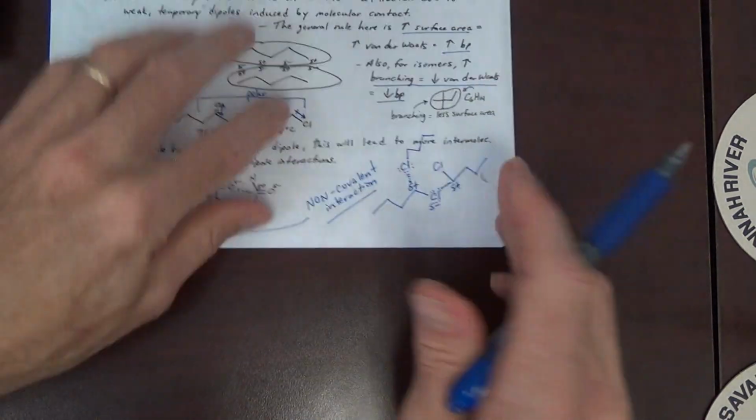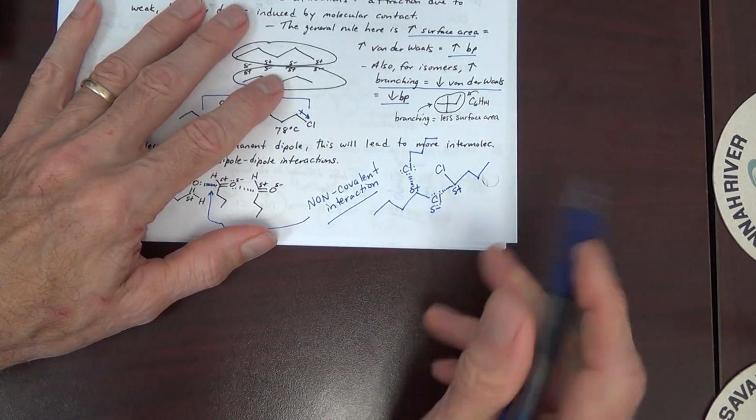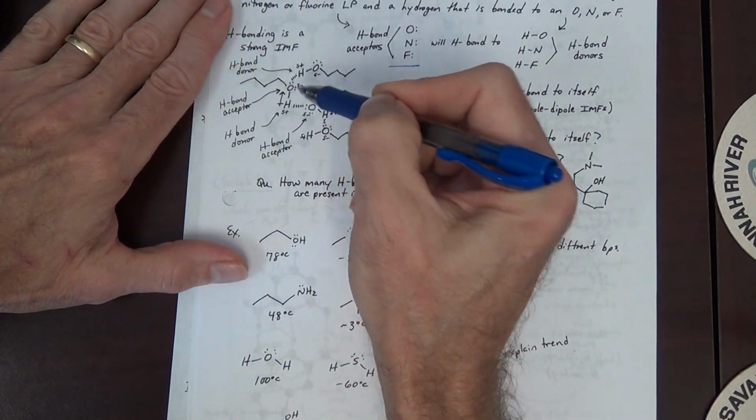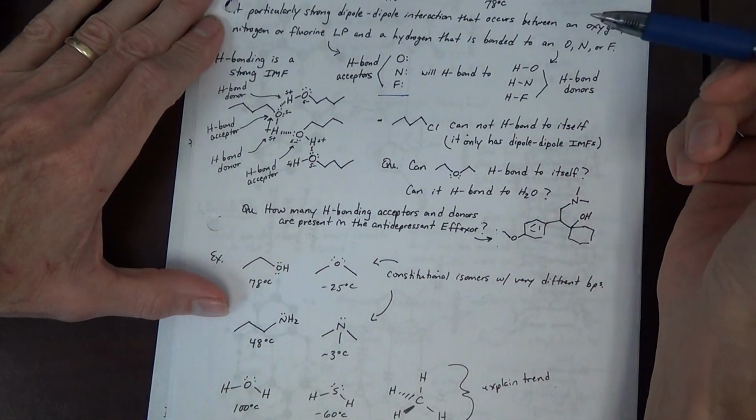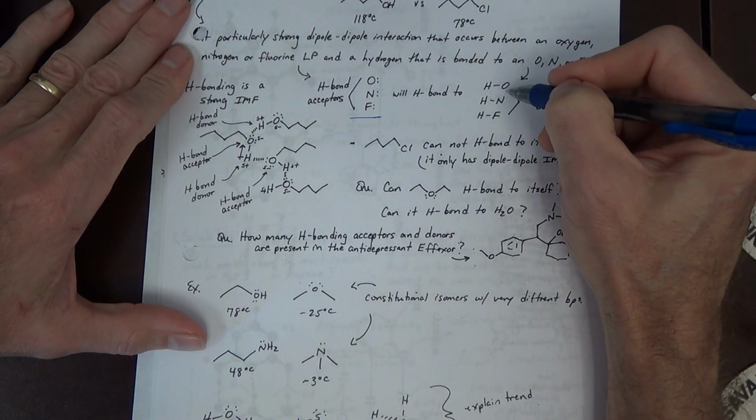And this is very similar to what we showed over here with the alkyl chloride. The difference is it's much stronger in this case, but it's much stronger when it involves an O, N, or F and an H on an O, N, or F.